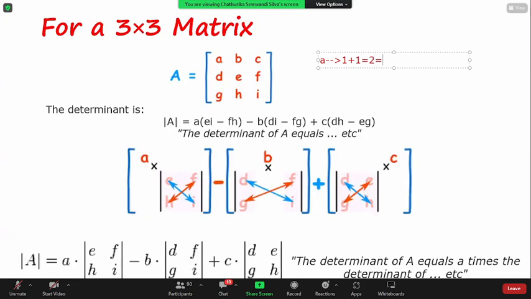Then you need minus 1 to the power 2. So here the answer is 2, and we put that as the power of minus 1.